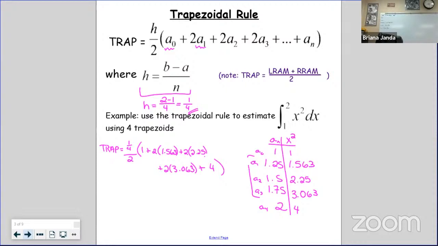And we type all that into our calculator. This definitely is a calculator problem. And to speed up our process, we should be getting, let's see, 2.344.